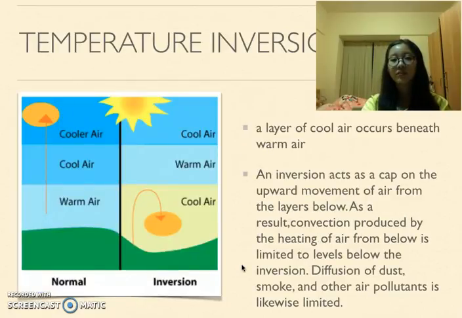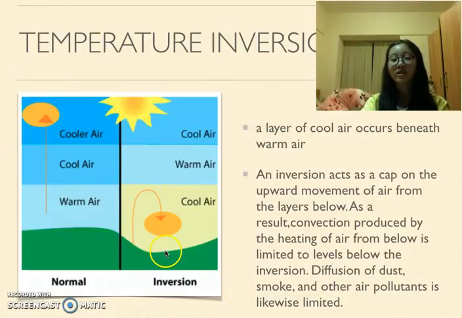Temperature inversion is a layer of cool air occurring beneath warm air, which is this part. In normal conditions, the air is warmer near the ground and colder away from the ground.